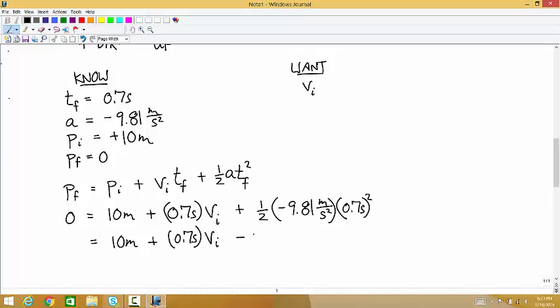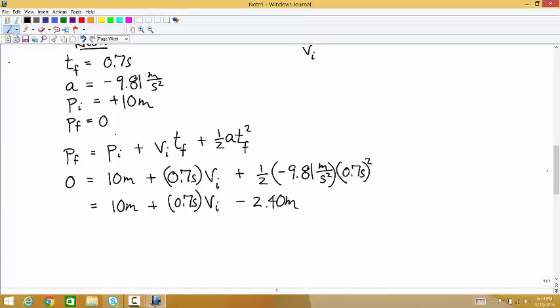All of this comes out to be negative 2.40 meters. And so I'll move 0.7 seconds times VI over to the left side. Have to subtract that from both sides, so negative 0.7 seconds times VI is equal to 7.60 meters.